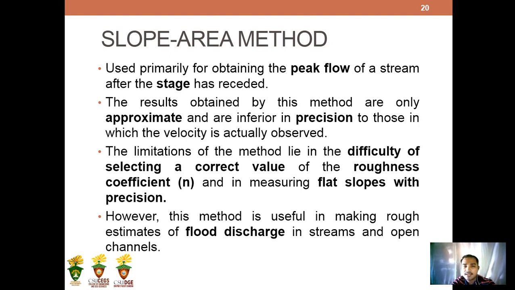So it's simpler, because if you were to get discharge using another method, like for example the velocity area method, then the area is flooded. So this method is really useful in determining the estimation of flood discharge at the specific stream.